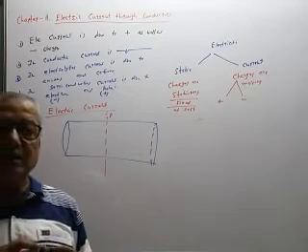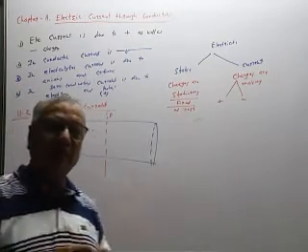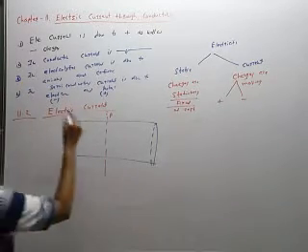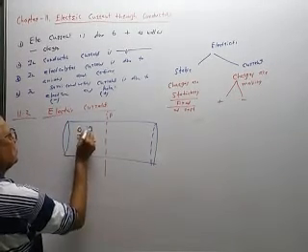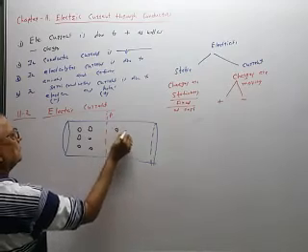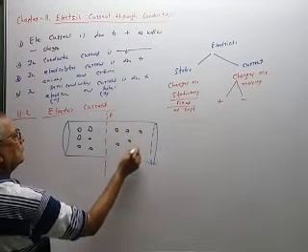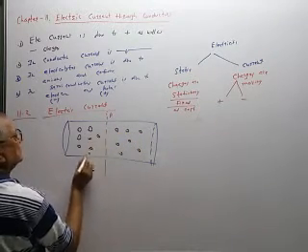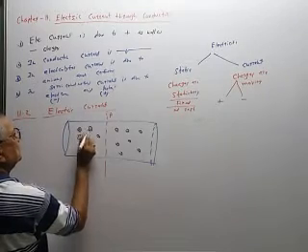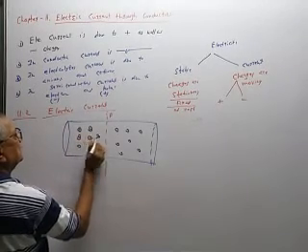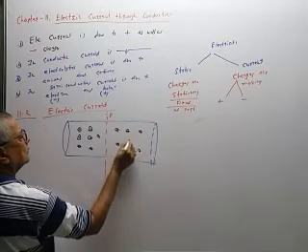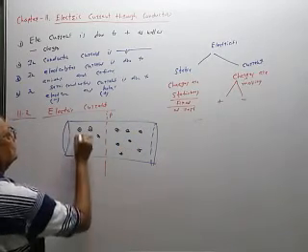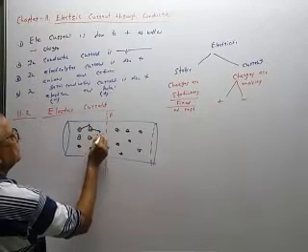We know that in a conductor there are free electrons available. So we are showing these charges like this. Some charges may be positive, some negative.